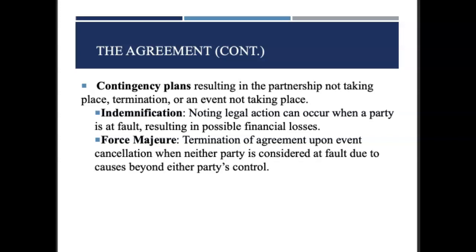The force majeure clause normally will give some examples like wars, fires, floods, hurricanes, typhoons, earthquakes, lightning, pandemics, lockouts, right? So those are not something we'll be able to do anything about. We can't prevent them from happening.